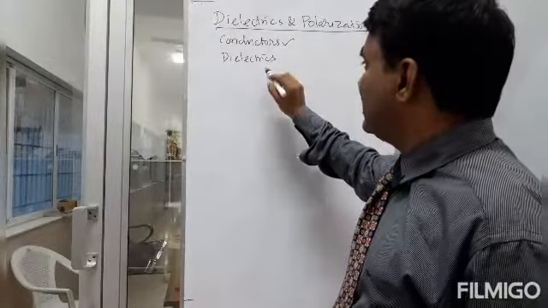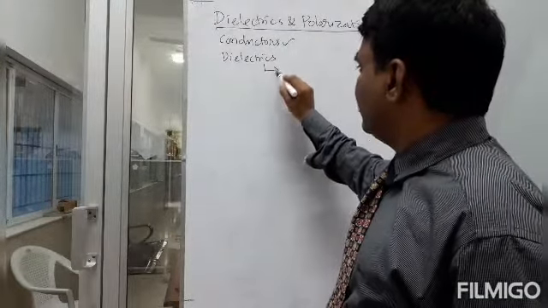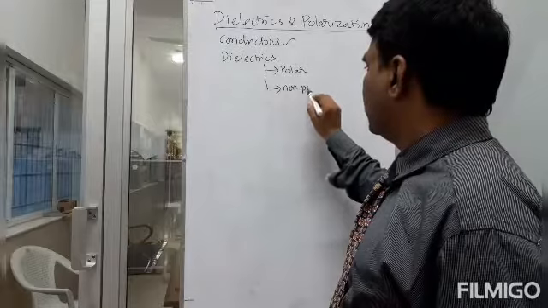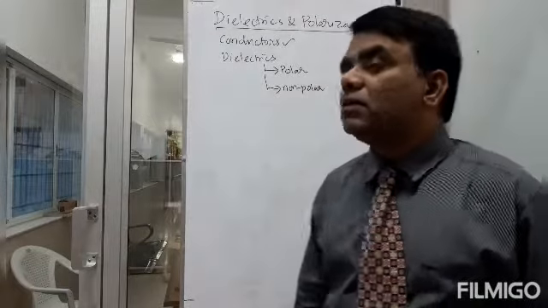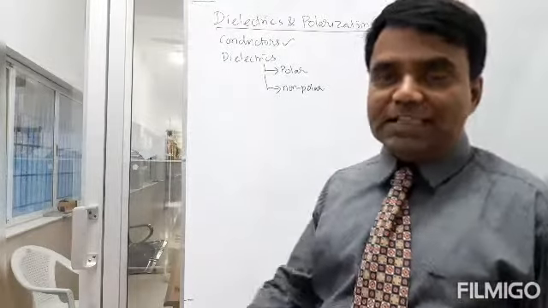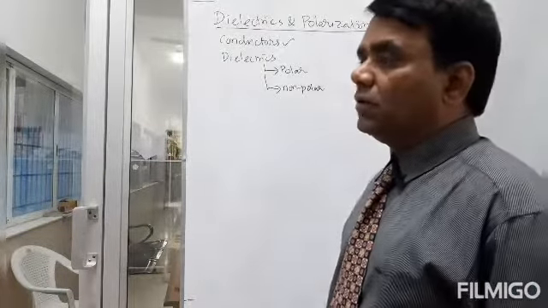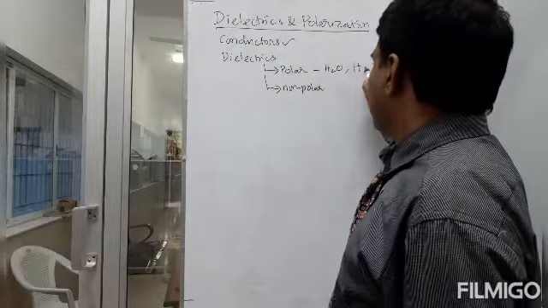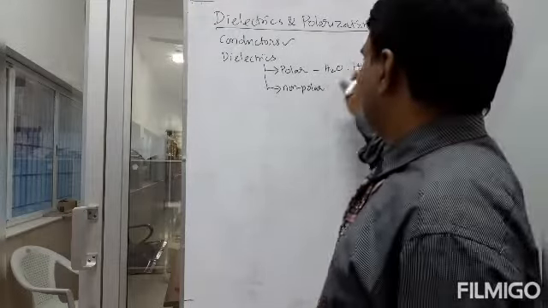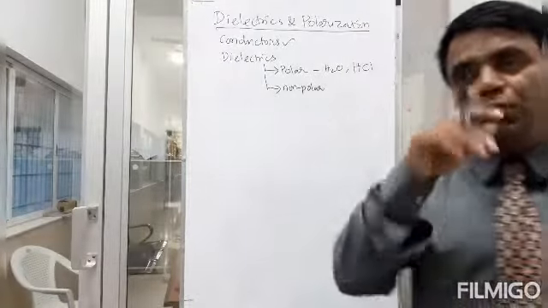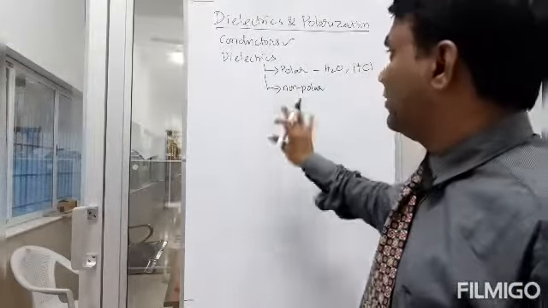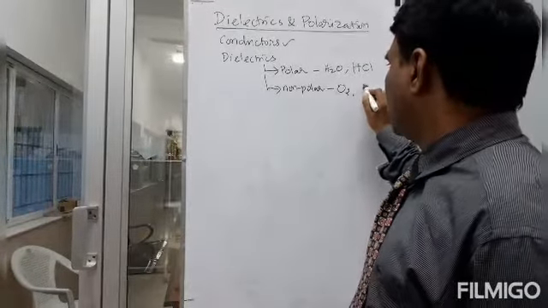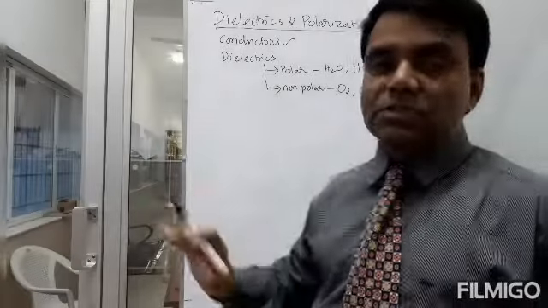So you have polar and non-polar. Polar molecules, for example, are water, H2O, and HCl. What do you mean by polar molecules? Then non-polar molecules: you take oxygen or carbon dioxide, and these are non-polar molecules.